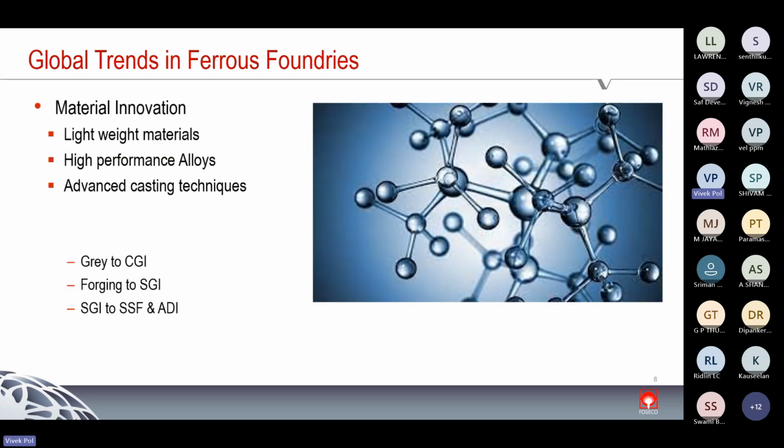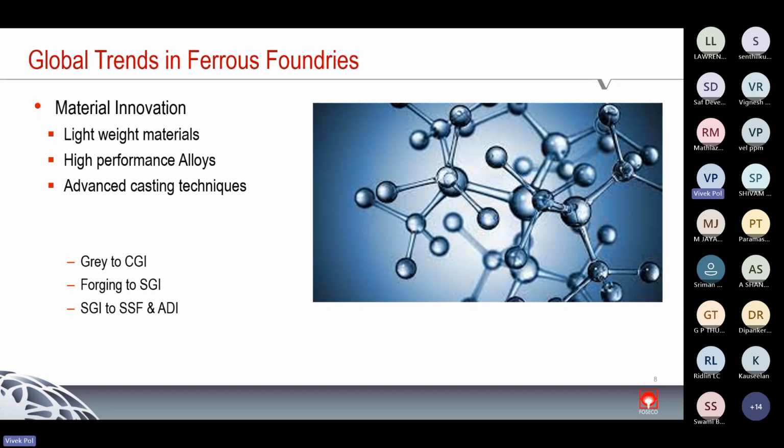Material innovation. We all know that casting grades are shifting. They're going for high performance alloys or lightweight materials. For example, gray iron is shifting to CG iron because of the good benefits of CG iron over gray iron.